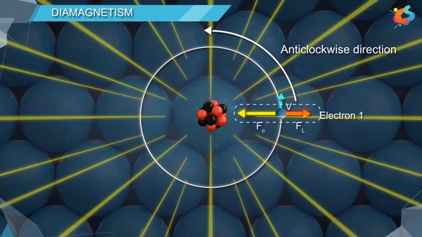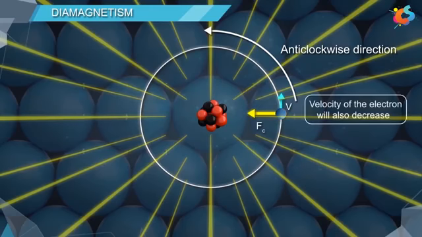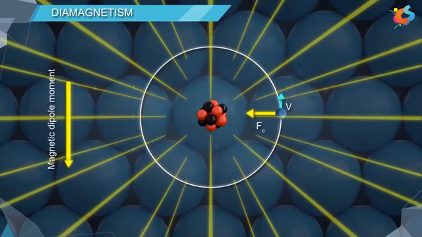Since these two forces are acting on the same line and in opposite directions, the effective centripetal force acting on the electron will decrease. Due to this, the velocity of the electron will also decrease. Due to the decrease in velocity, the magnetic dipole moment of the electron will decrease.